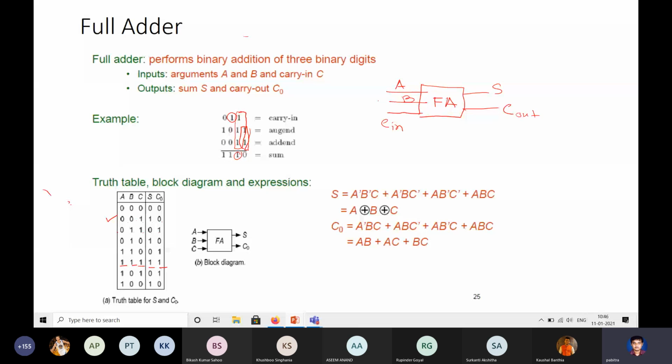Now let us look at the logic. One simple way of finding the logic is that you look at the output, identify all the rows which have 1, and just look at their values of the input and see if they are 0 or 1. If they are 0, you put the complement, otherwise you put them as it is.